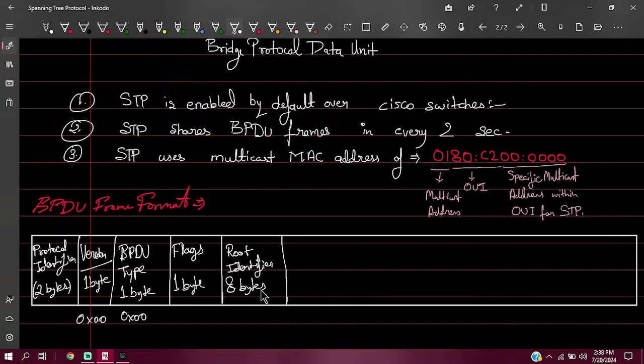So it will help you to identify what device is your root bridge. क्या होता है रूट ब्रिज, हम थोड़ी देर में देखने वाले हैं.